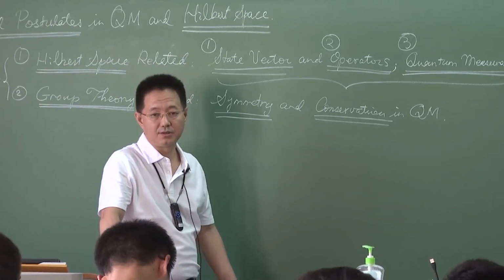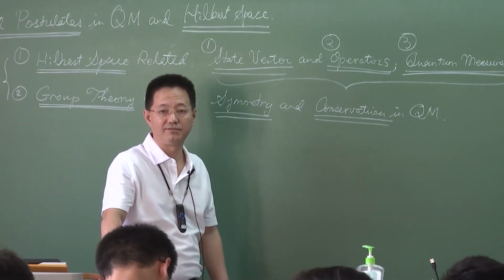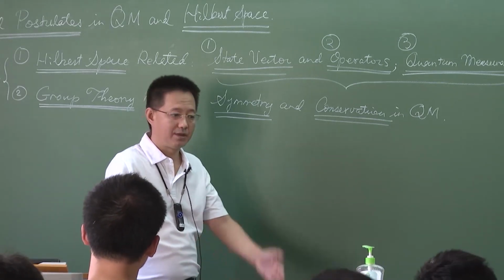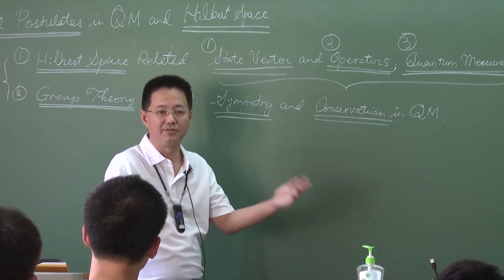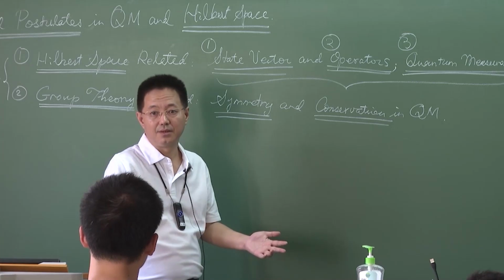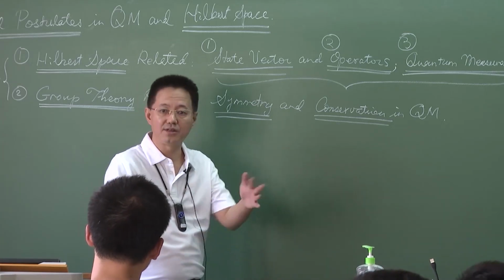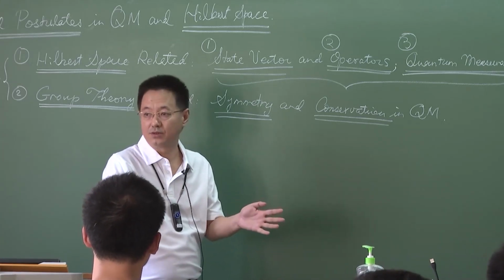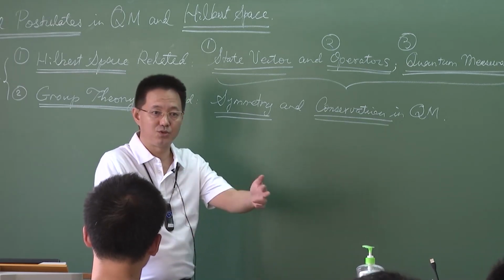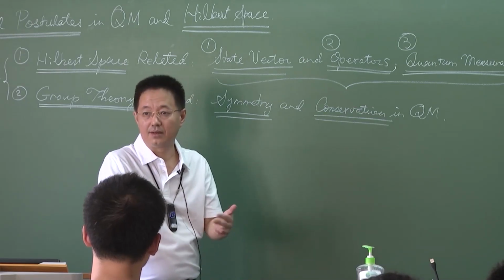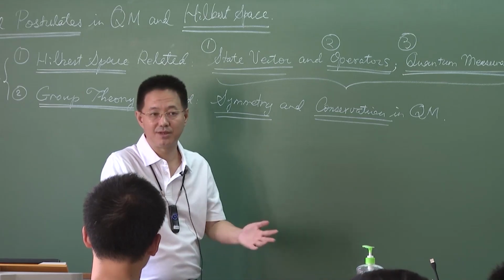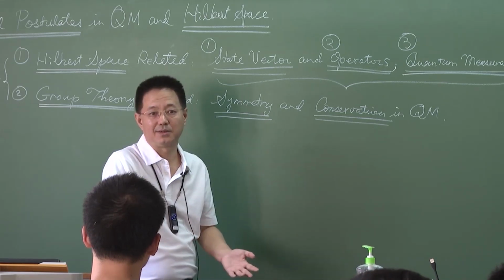Actually, in classical mechanics, we have already mentioned many things about symmetry transformations. If you have spatial translations and got invariance, that means you have the conservation of momentum, right? If you have rotation invariance, that is related to the conservation of angular momentum. If you have translation in time and got invariance, that is the conservation of energy, right? We have mentioned that in classical mechanics, but not more.